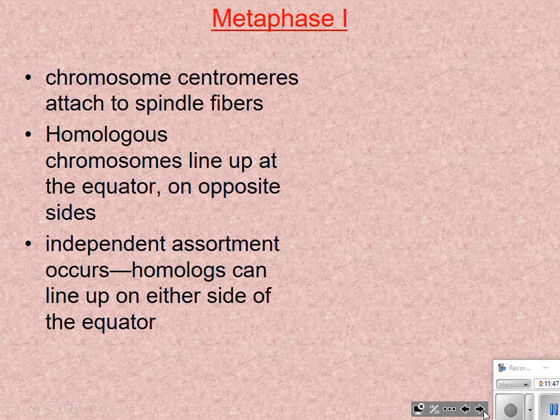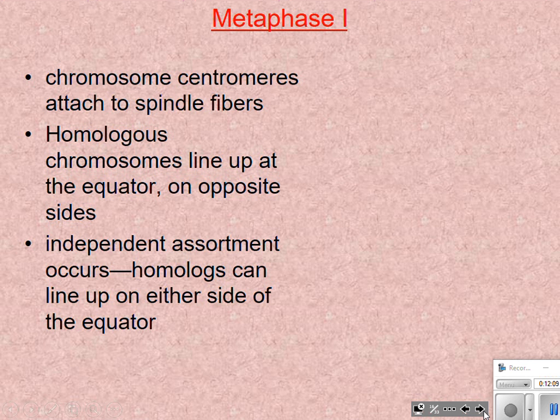So, this is different. You're going to see here. This is different than what we had occurring in mitosis, okay? Because the homologous chromosomes line up at the equator. Independent assortment occurs.